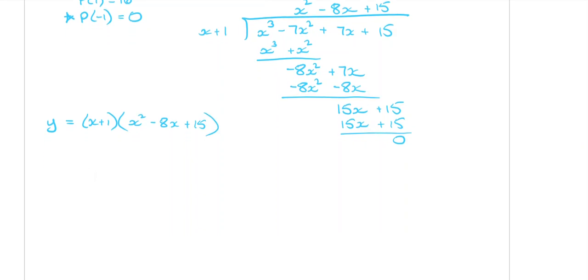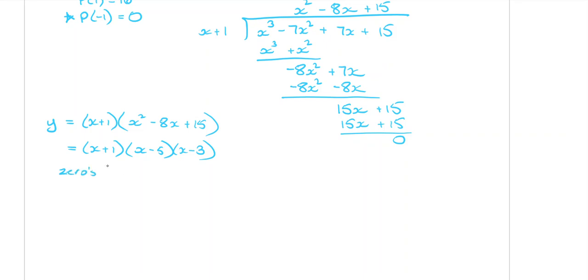I need to factorize that quadratic, so I'm looking for two numbers that times to give 15 and add to give minus 8, which would be minus 5 and minus 3. Okay, all that work, but now I have a fully factorized equation, which means that I can read off my zeros.